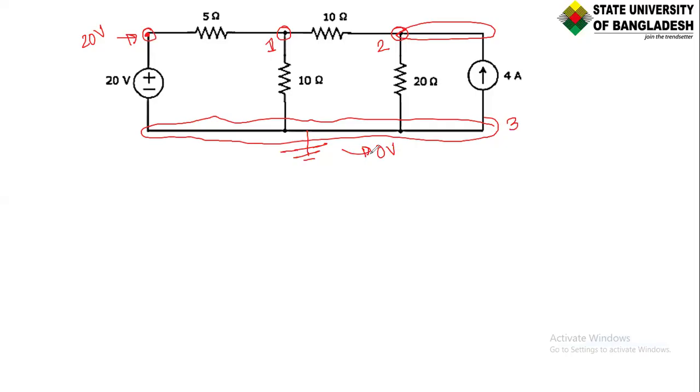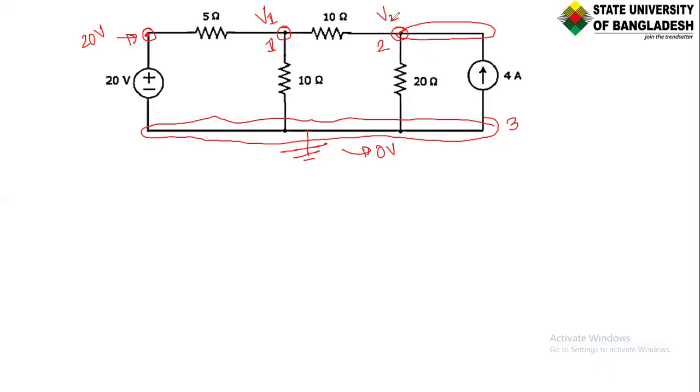This is the first part that you have done. You label the voltage nodes, and now you have to label the voltages. So the voltage at node 1, we will write as V subscript 1, and V subscript 2. One thing you have to remember when labeling these things: I am doing it my way.